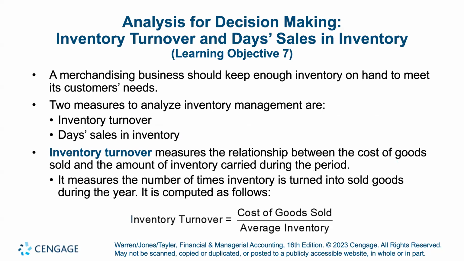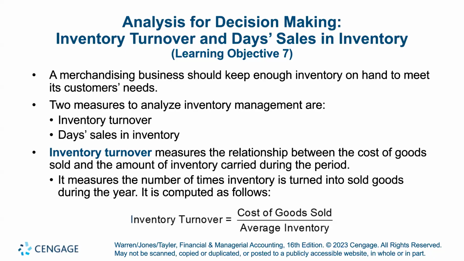Anybody have a guess how we would find average inventory? Yeah, well, because inventory is at any given moment, right? So usually what you do is you take the inventory at the beginning of the period that you're measuring for, the inventory at the end of the period, add those two together, divide by 2. That gives you an average of the inventory.